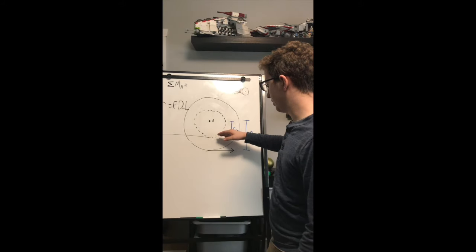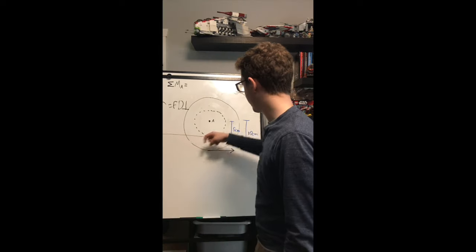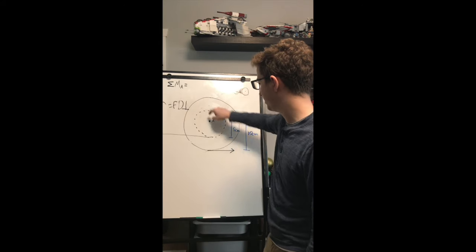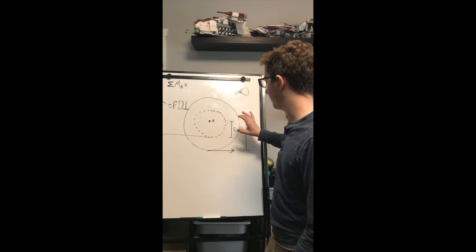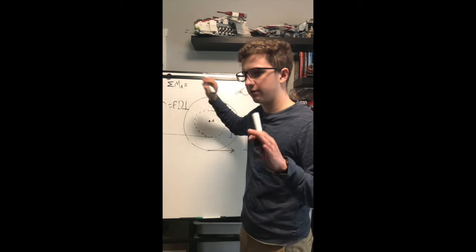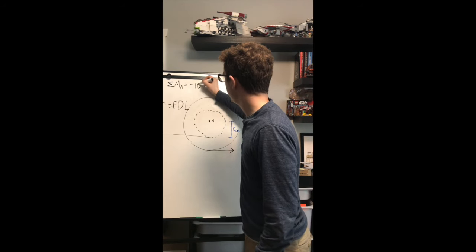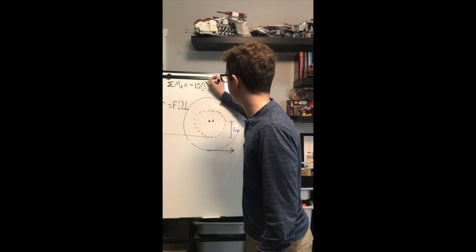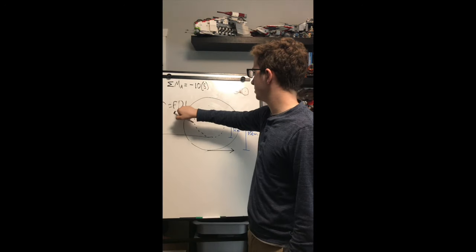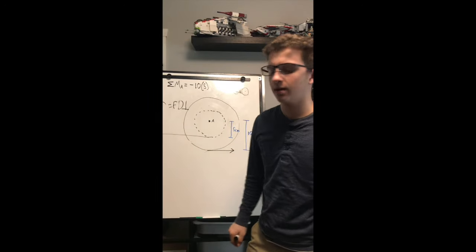So this torque is going to be equal to the force times the perpendicular distance, which is 5 centimeters. So let's say that the force is going to be 10 newtons. So that's going to be negative 10 times 5, the distance. Force times distance, but again, they must be perpendicular.